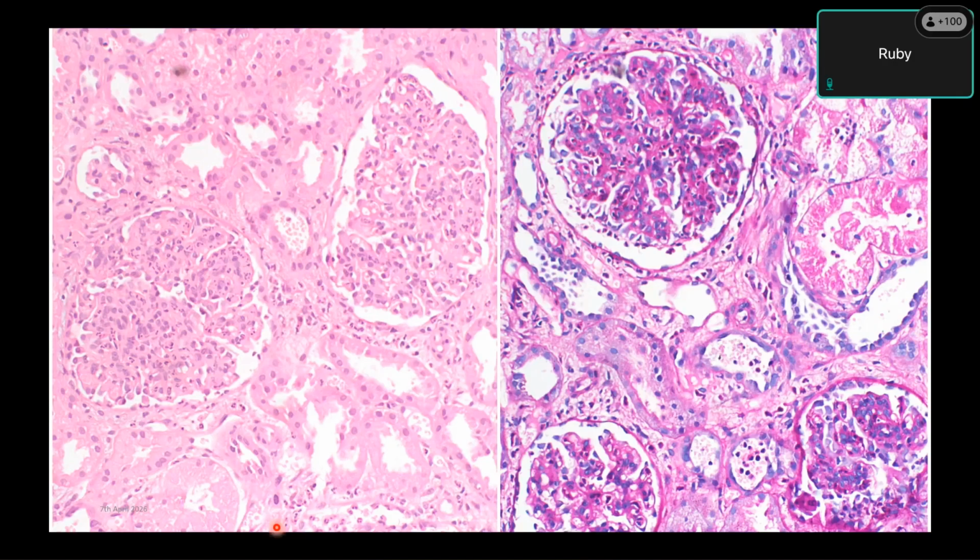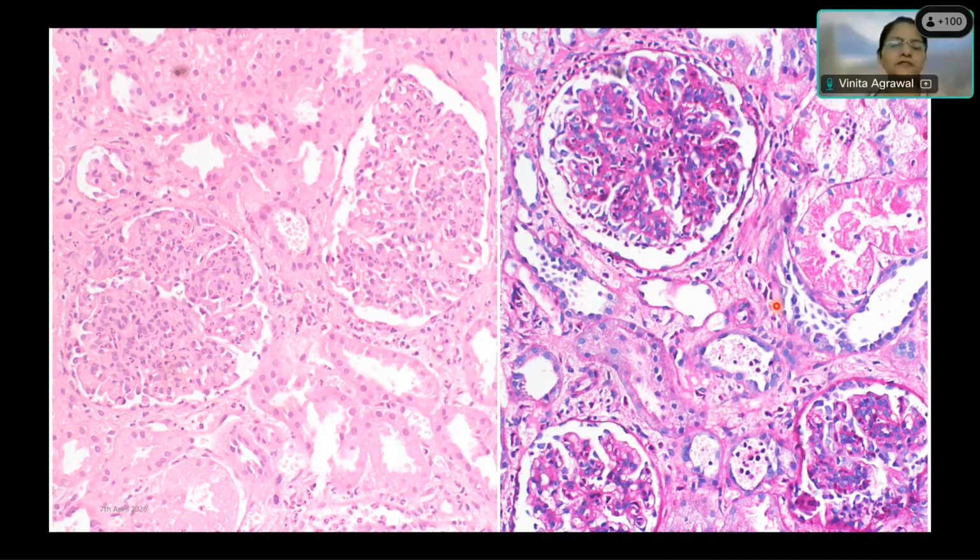Then the tubules are showing mild simplification and vacuolation. On the left side here we can see vacuolations and simplification of the tubules. And the same 3 glomeruli can be seen showing mesangial matrix expansion, mesangial hypercellularity and endocapillary hypercellularity with neutrophils and mononuclear cells, mostly neutrophils.